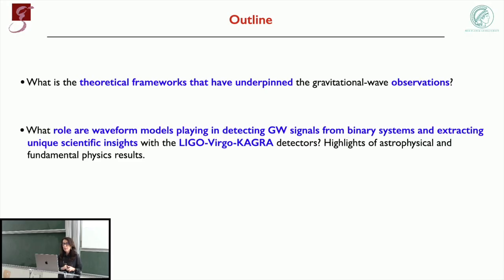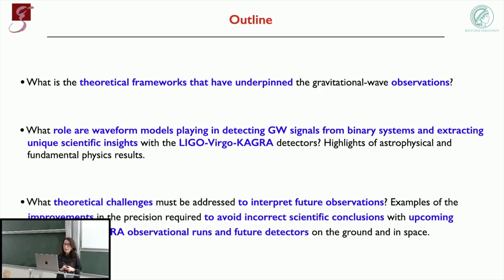I will describe what role the waveform models have played in detecting the signals, and also in interpreting them, which sources are emitting these systems. I will also provide some highlights in astrophysics and fundamental physics of the results. And then I will describe the theoretical challenges which need to be addressed for future observations.